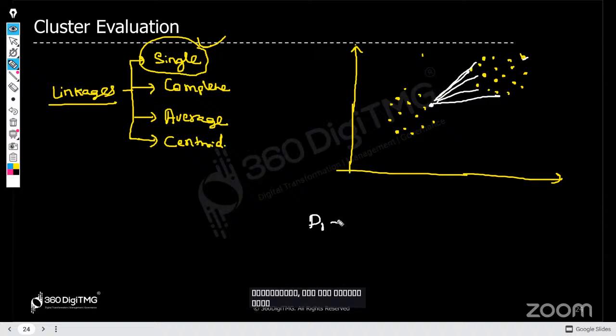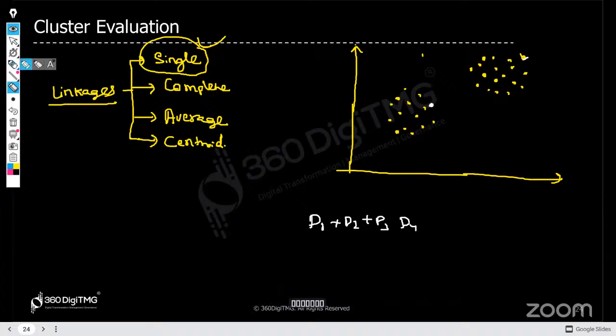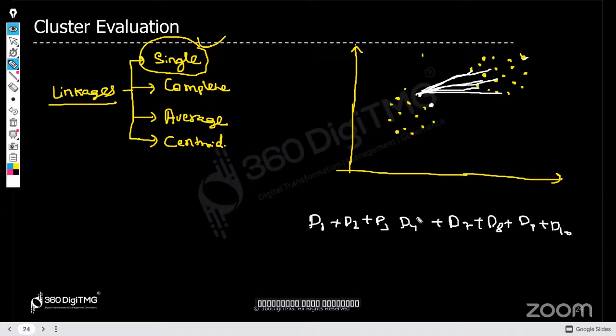Again, we find the distance of the next data point with all the data points in the other cluster: D7, D8, D9, D10. We follow this process over and over for all the data points present here.